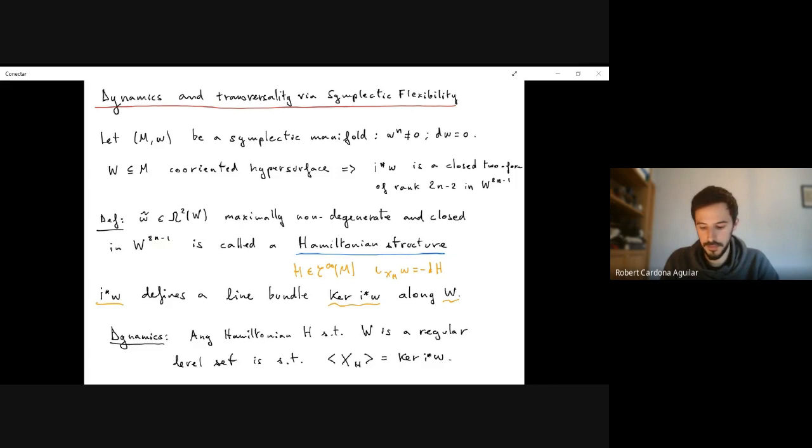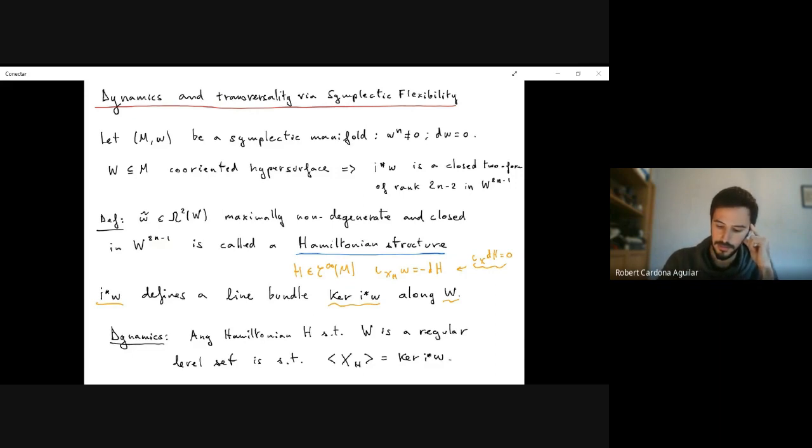It follows from this equation that H is what's called a first integral. If I contract again with X, I get this equation, which means that X is tangent to the level set of H. So if there's a regular level set, then you get a hypersurface, and the vector field is tangent to the hypersurface.